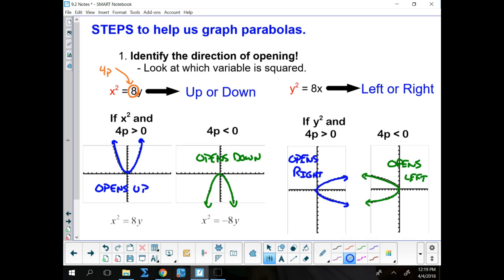If that number is positive, your parabola is either going to open up or right, the two positive directions. If we're going up and down, up is the positive direction. If we're going left and right, right is the positive direction. If that number is negative, it's going to open down or left.